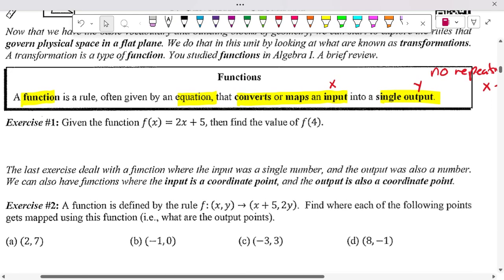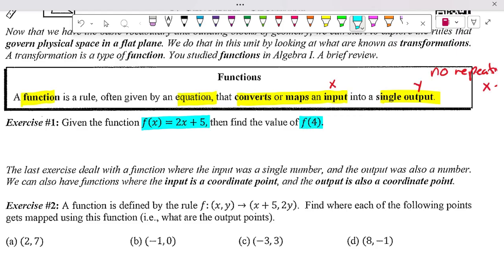If we're given the function f of x is equal to 2x plus 5, and they ask us to find f of 4, what am I doing? Plug the 4 in for x and evaluate it. So take a minute, do that very quickly. So that should be your setup.